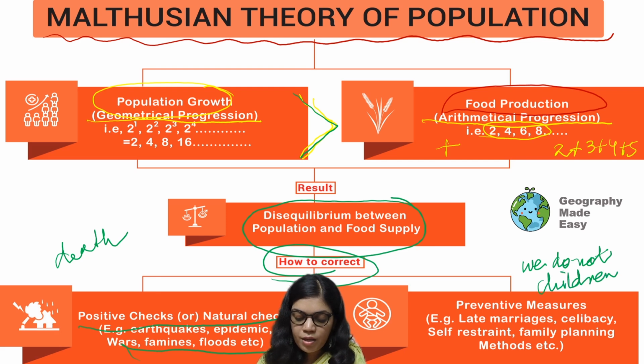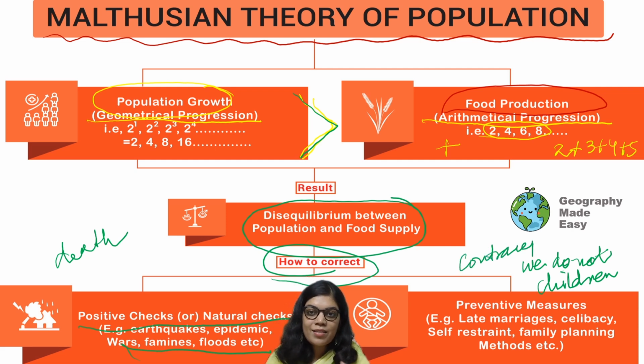It has become an important means through which we can control our population. So in these two ways, our population can be controlled. This is the Malthusian theory of population, a very popular theory of population growth, because it was one of the earliest theories of population growth.